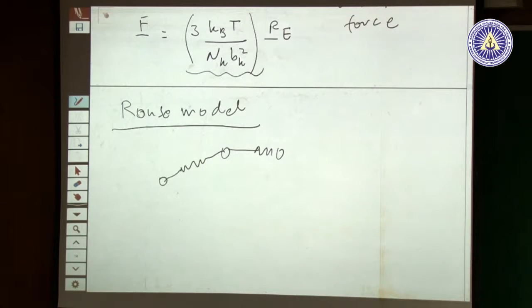It does not matter, it could go in either direction. The expression says it's symmetric about the 0, right? Compression and extension are both equal in the force you apply. Yes.